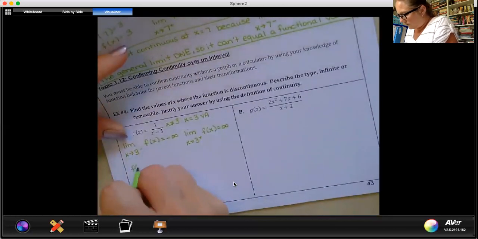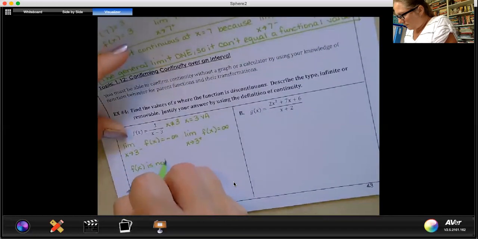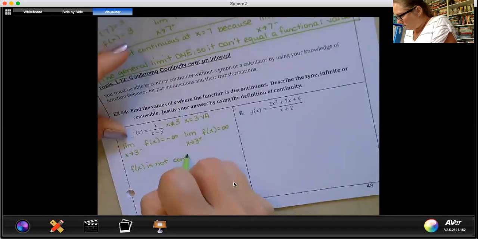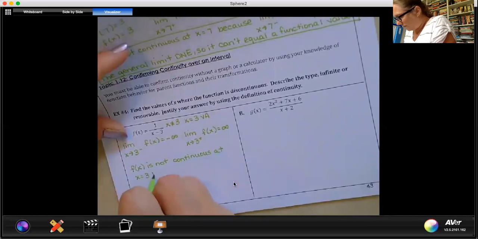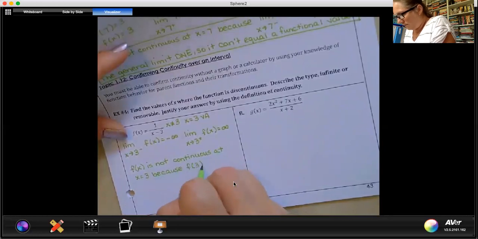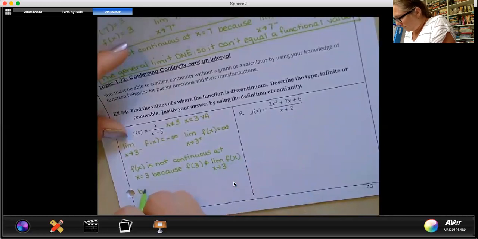So f of x is not continuous at x equals 3 because f of 3 does not equal the limit as x approaches 3 of the function, because neither exist. x equals 3 is a vertical asymptote.